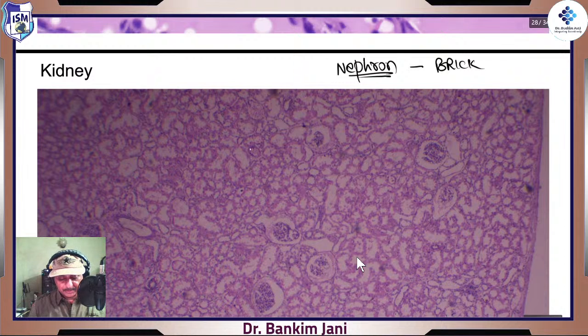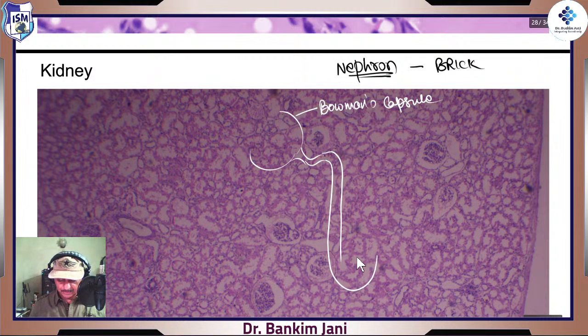Nephron is like this, right? There is a cup. This cup is what's called the Bowman's capsule. And from here, you will find that there will be tubules, right? There will be descending, there will be the loop of Henle and ascending.